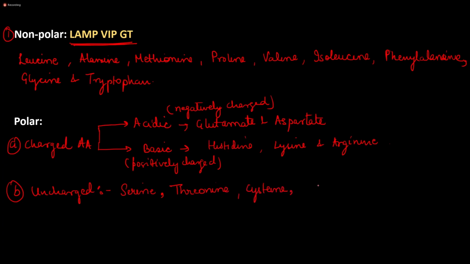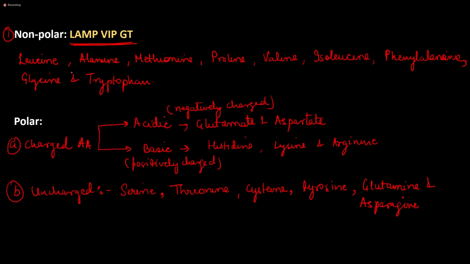Then we have one more hydroxyl containing, that is tyrosine. So the amino acid will be polar, but they do not have any charge. Then we have amides, that is glutamine and asparagine.